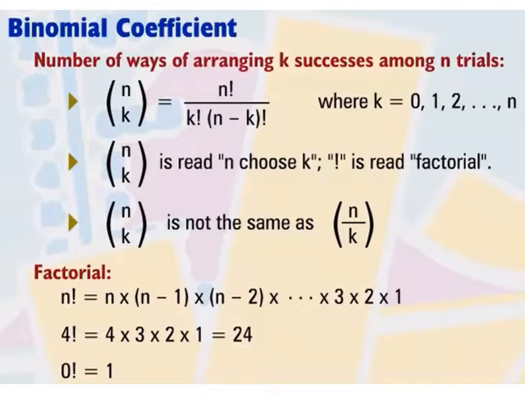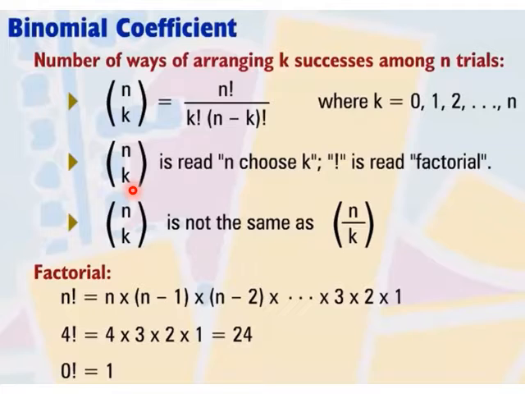So, the binomial coefficient: the number of ways of arranging k successes among n trials. It is normally written like this, and we call it n choose k. When we expand it, it is n factorial divided by k factorial multiplied by (n minus k) factorial, where k is 0, 1 to n, that is, a whole number.